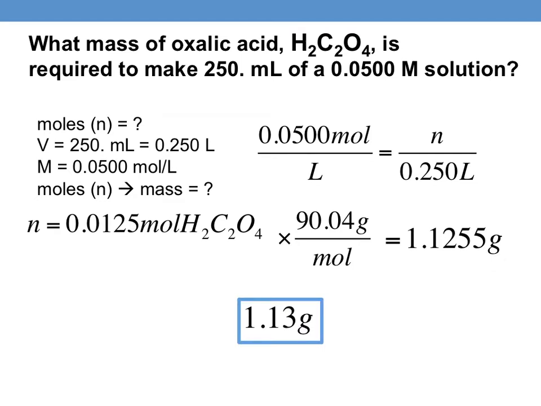And then my final answer is rounded to 3 sig figs. Going back to the problem, we have a decimal present, starting counting from the Pacific side: 1, 2, 3 sig figs. Same thing over here, decimal present, counting from the Pacific side, skip, skip, 1, 2, 3 sig figs. So my final answer has 3 sig figs.